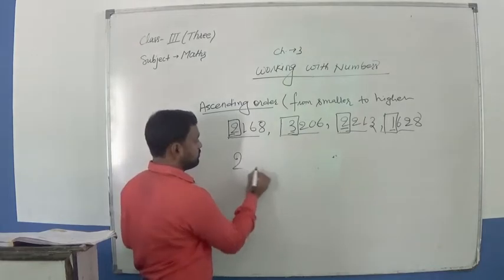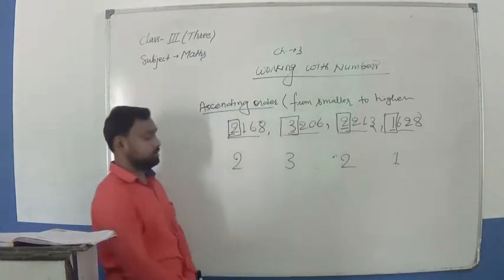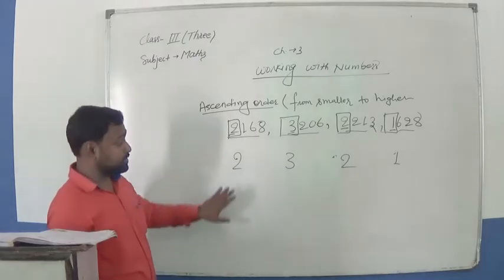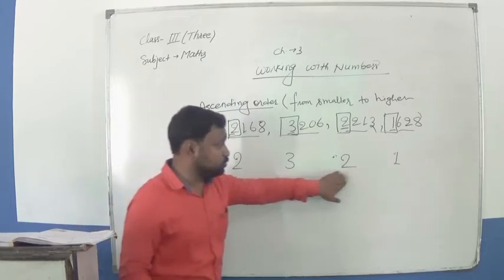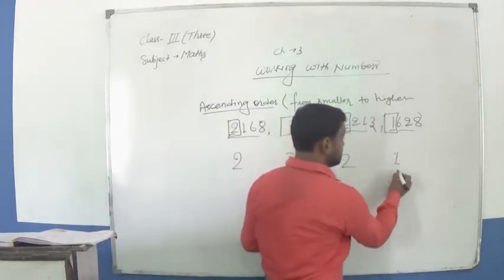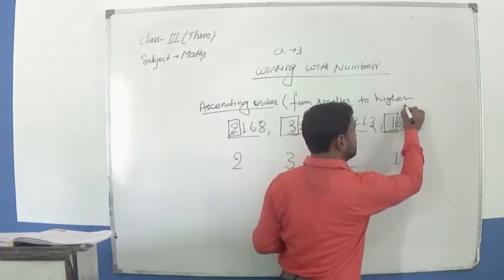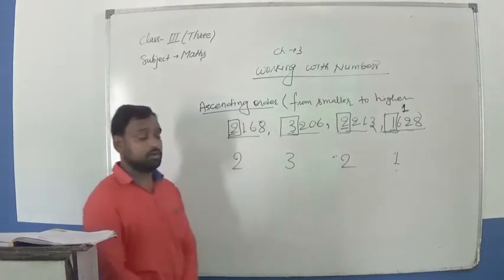You have 2, you have 3, you have 2, you have 1. What will be the smallest among these four? 2, 3, 2, 1. Which is smallest? Obviously this one. Mark it 1.